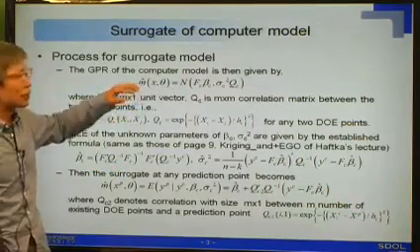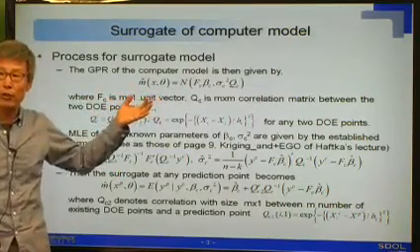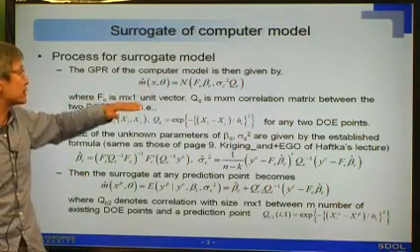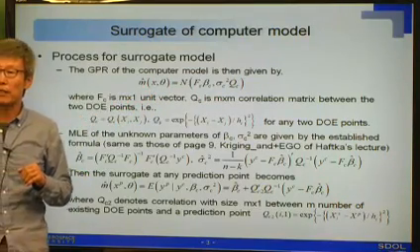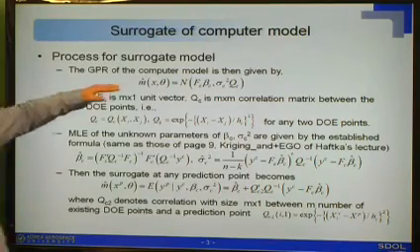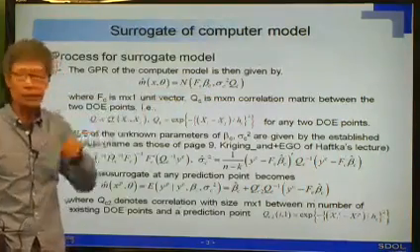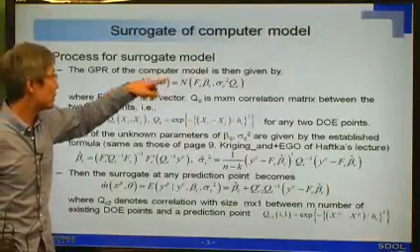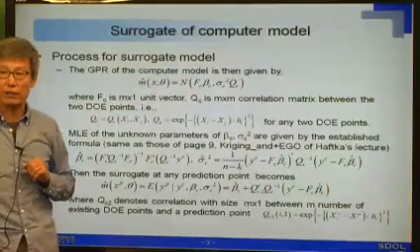So the surrogate model is also a kind of random function. Otherwise, the surrogate model could take any kind of deterministic function, but if we introduce this, it is no longer deterministic. It is in itself a random function.